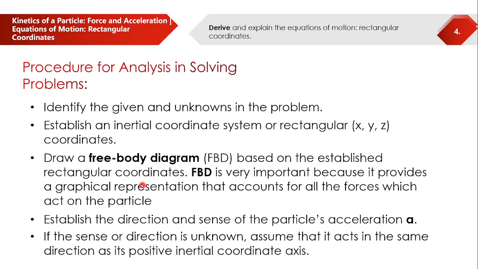Next, if the sense of direction is unknown, assume that it acts in the same direction as its positive inertial coordinate axis. Okay? Kung ano man yung direction ng acceleration mo, then assume na it acts always positive.